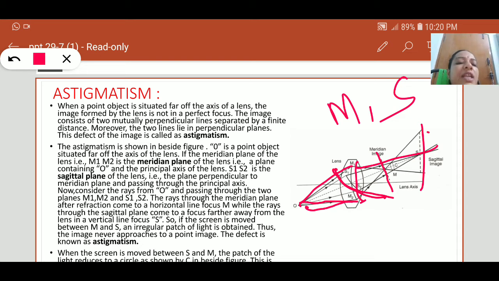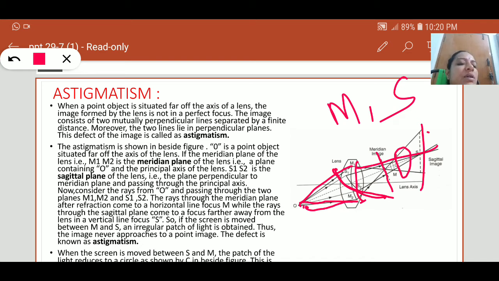If we move a screen between these two points, that is, between the meridian image region and the sagittal image region, an irregular patch of light is obtained. Thus the image never approaches a point image.